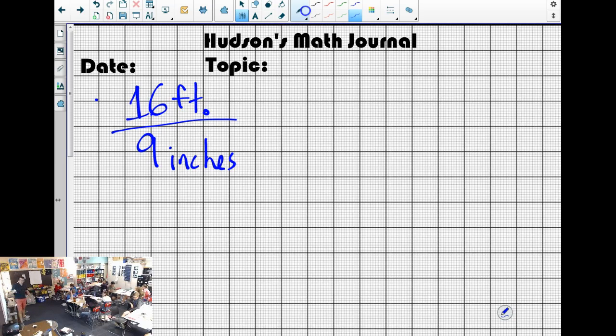We need matching units. So before I can start this problem, I actually need to convert feet into inches. How do we do that? Times 12. So if I do 16 times 12, what do we get? 192 inches. A lot of times, shop type people, carpenters and things like that, those conversions are really fast for them because they want to just work with everything in inches, even if you're working with long measurements.